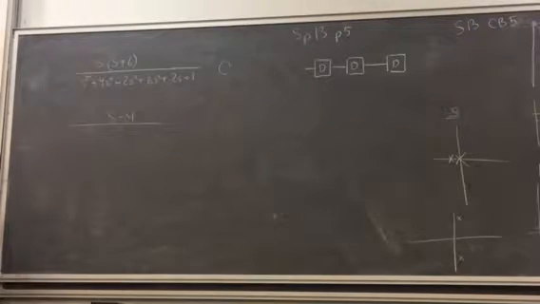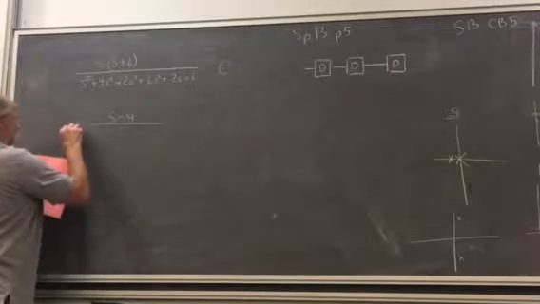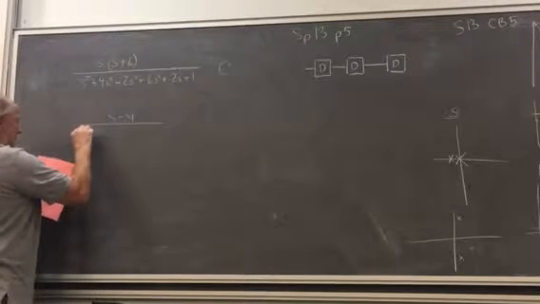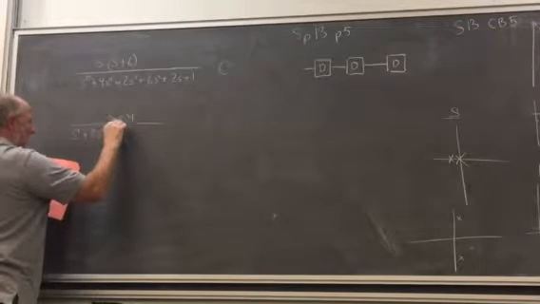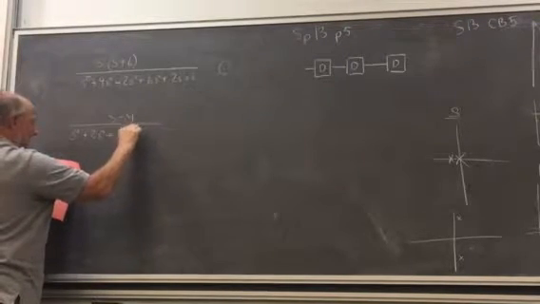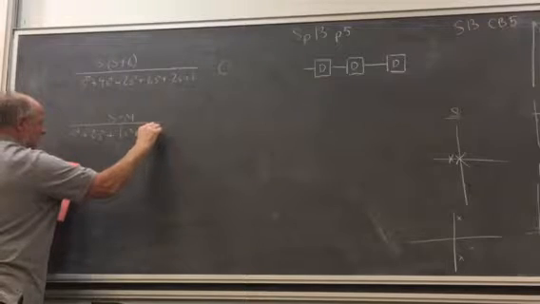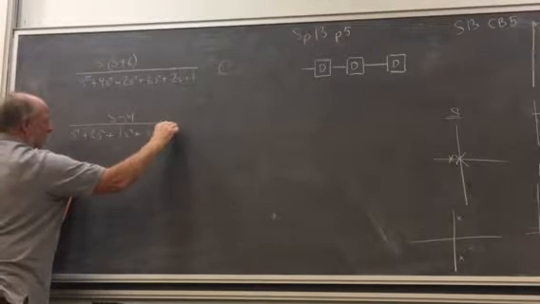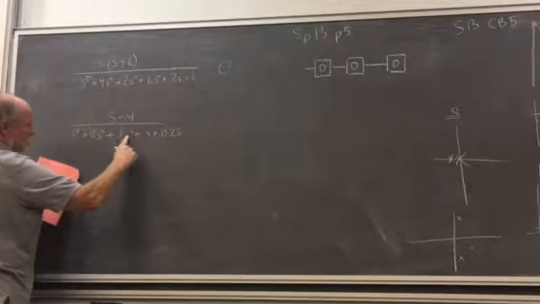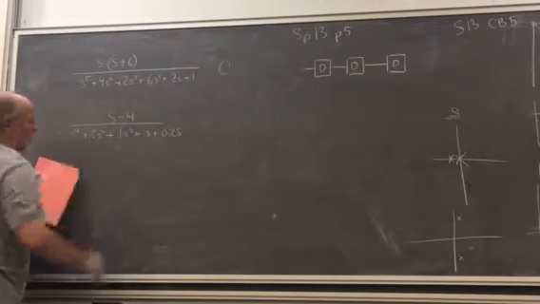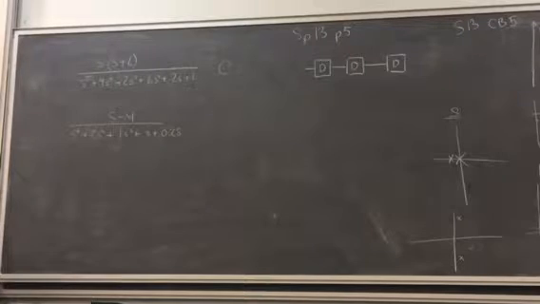It'll make it work wacky, but S to the 4th plus 2S cubed plus 1S squared plus S plus 0.25. S to the 0th, 1, 2, 3, 4. They're all there. They're all positive, but the order is greater than 2. So does this also say I can't tell? Yeah.